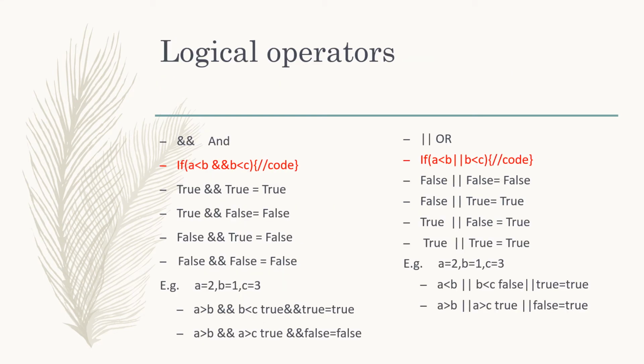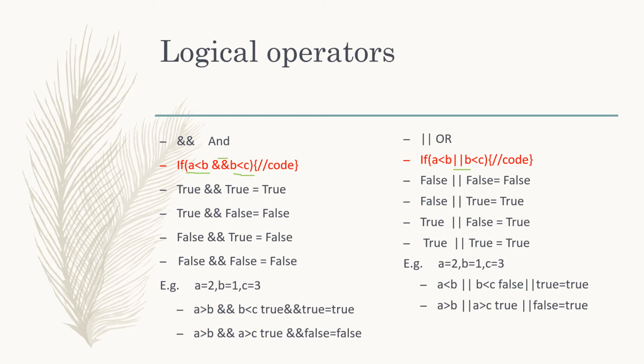So if I want to compare two conditions, is A less than B or is B less than C? Now, while comparing two conditions, we need to use either AND operator or you have OR operator. Okay. So what is the difference between the two operators? Let us see.